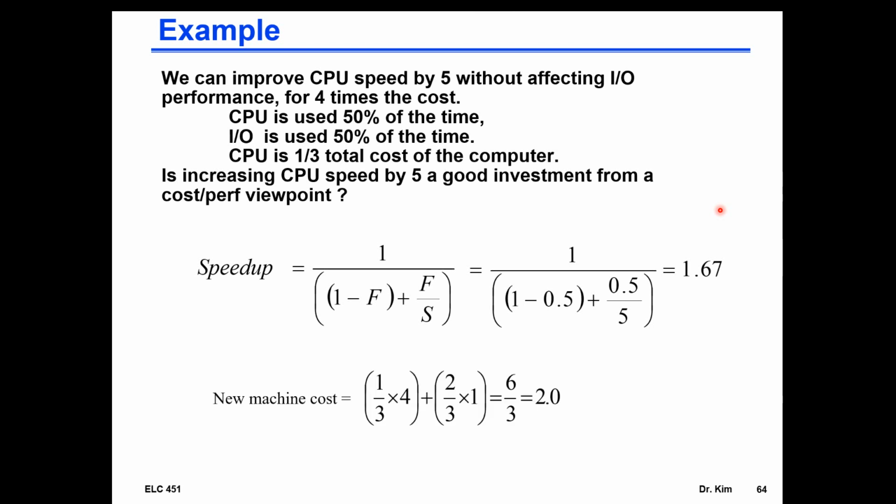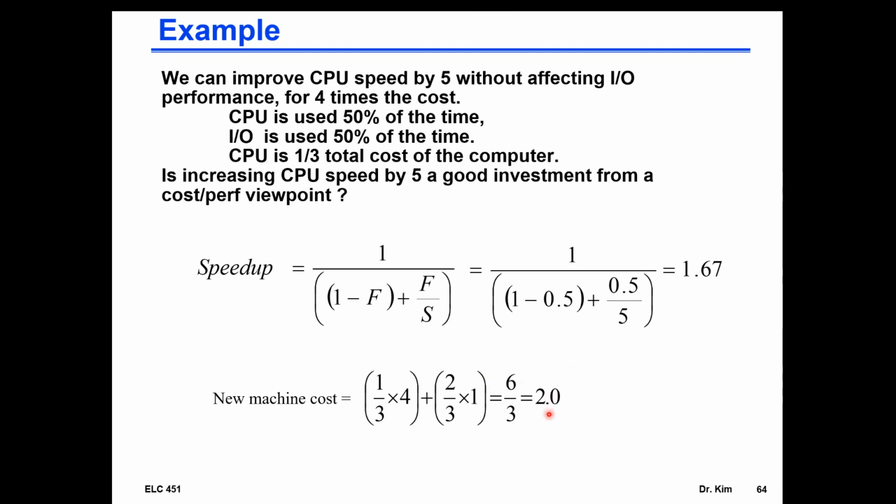What is the cost of this new machine? Well, 1/3 the total cost, which is the CPU that we are improving, is now going to cost 4 times. The other 2/3, which is the I/O, is not going to change because we are not touching it. So that's 2/3 of the cost. And that gives us a factor of 2.